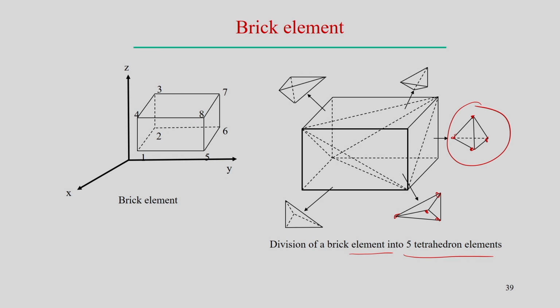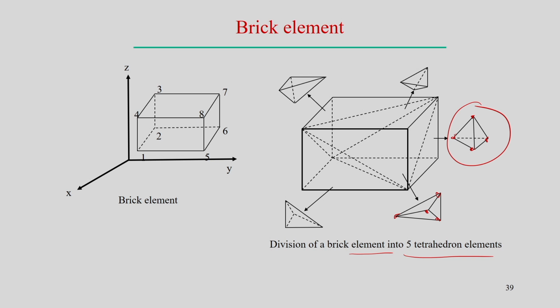So, depending upon the problem, we can do the formulation with different types of elements. Just to show you, even if we consider the brick element, that can be considered in a particular analysis. At the same time, it is also possible to consider tetrahedron elements, and here we can see that the brick element basically consists of 5 tetrahedron elements.